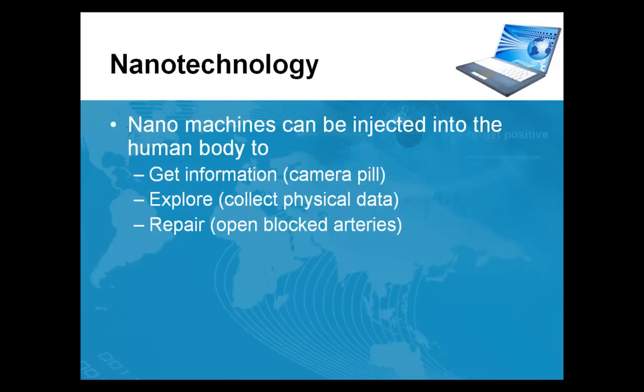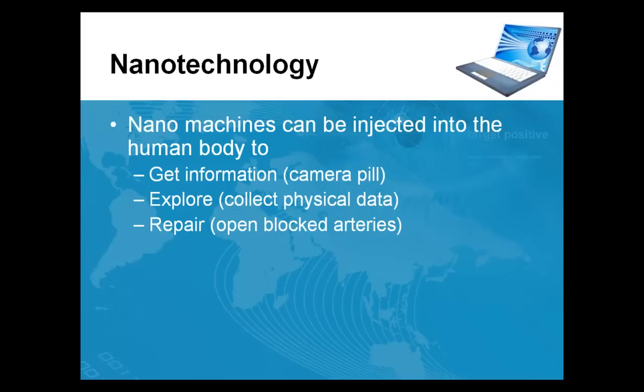As the blood flows through over years and years, that will gradually create plaque and the veins will get smaller and smaller, making it more difficult for the blood to flow. These nano machines could be injected into your body when you're born, and for your entire life they would simply go through your body, cleaning out your arteries and your veins, making sure they're open and they never get blocked.